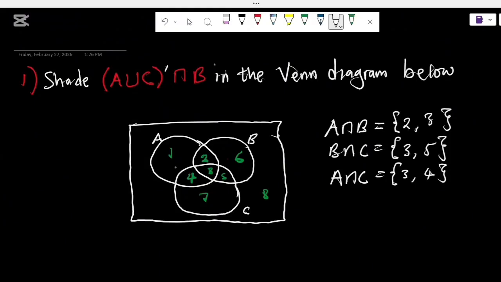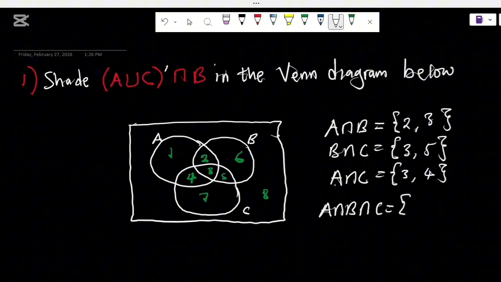Then we can say also A intersection B intersection C. That is the numbers that are common in all the sets. The numbers that are common in all the sets that we are having, set A, set B, and set C, it is the number at the center here, which is 3.